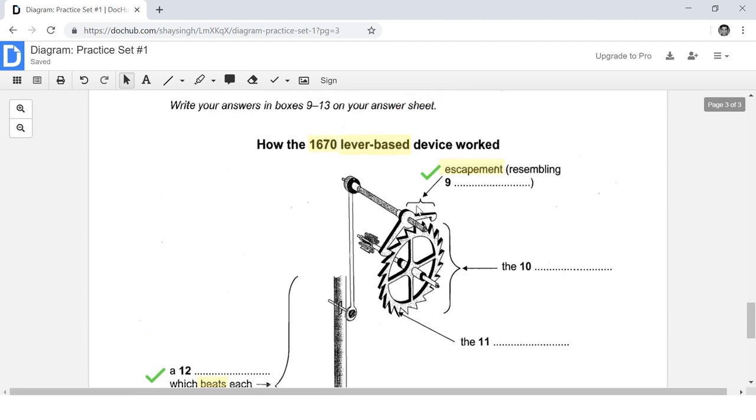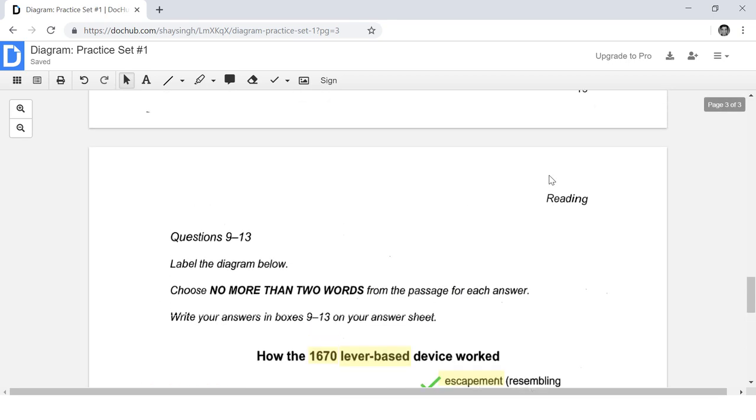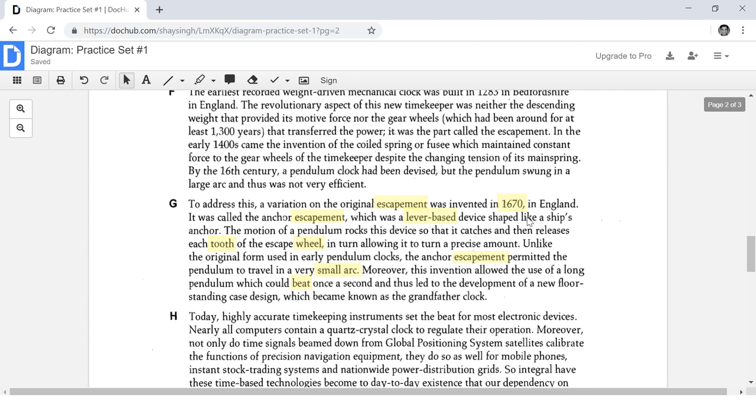Alright, now let's come down to our question. Here it says, escapement resembling. Resembling, that is one of our connecting words. Resembling is synonym language for shaped like. To be shaped like or to look like is synonym language for to resemble.